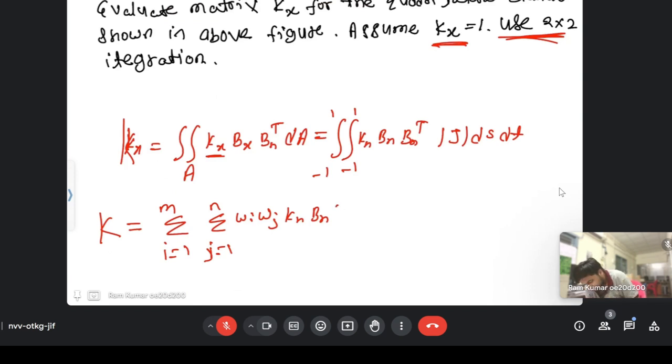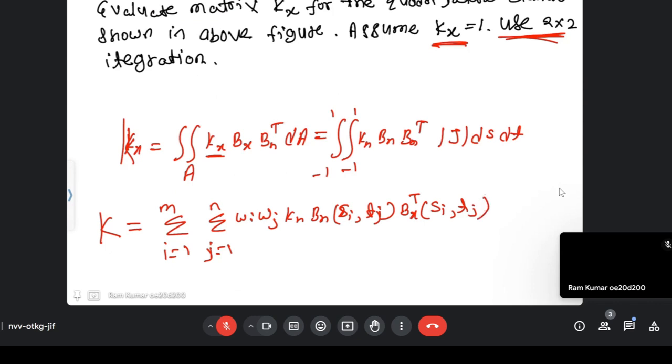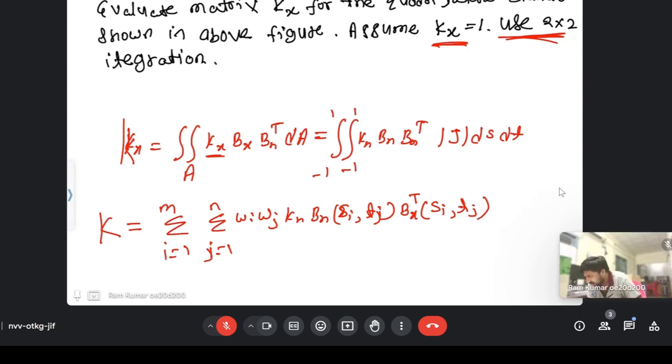Then Bx at si, tj, Bx transpose at si, tj, then determinant J at si, tj.